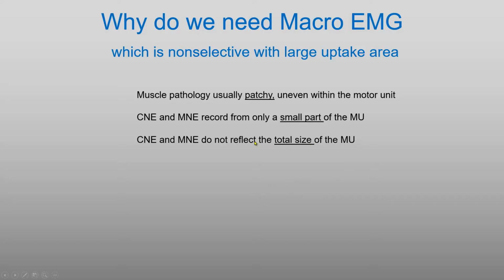And our conventional EMG techniques, concentric needle EMG and monopolar needle EMG, record just from a small part of the motor unit and may see different types of changes depending on where the electrode happens to be. Another thing is that these techniques do not give any information about the total size of the motor unit, which is sometimes good to know.